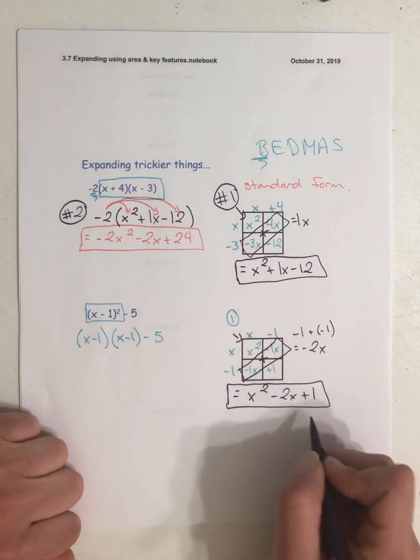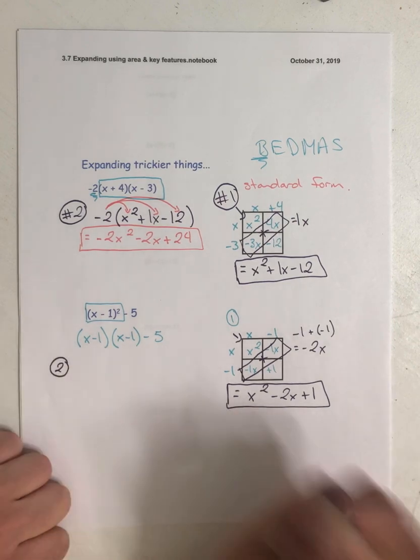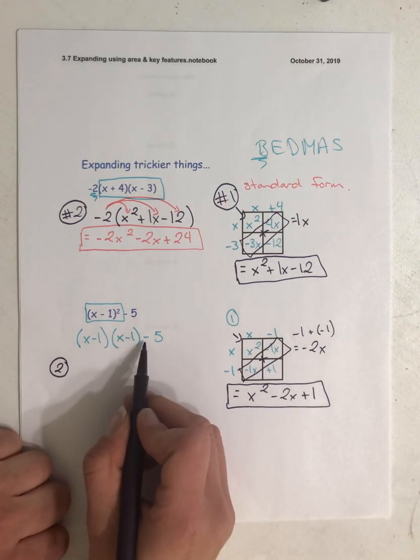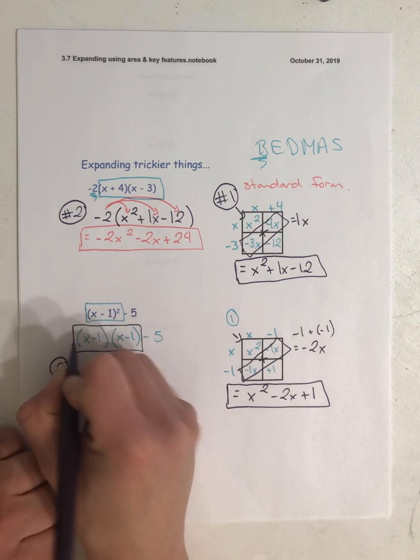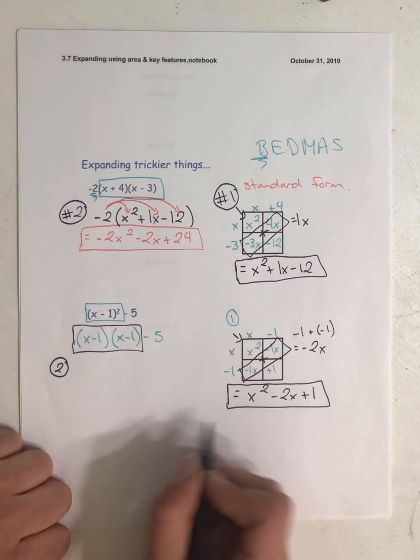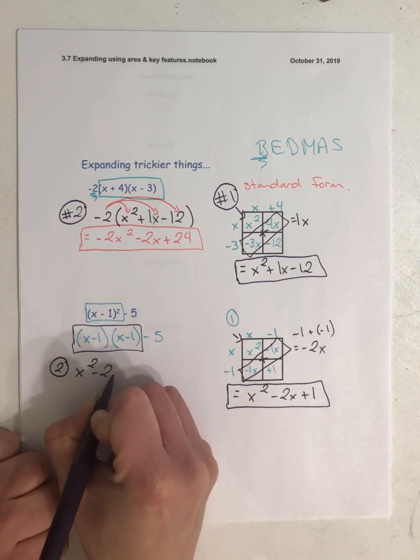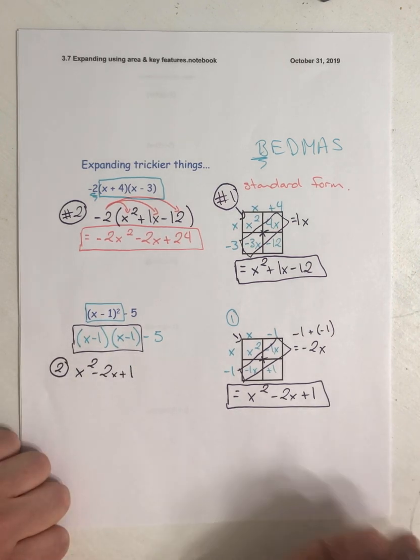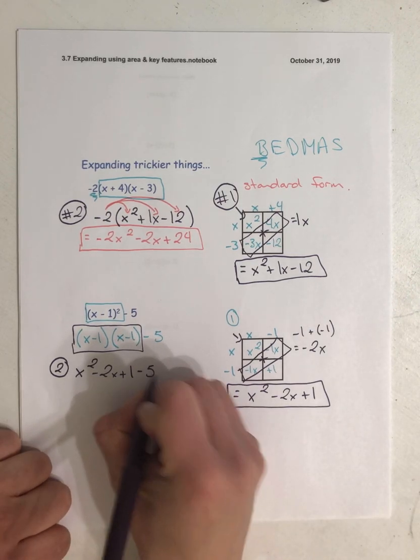Okay, so now that we found that, we go to step number 2. And we haven't done anything with this 5 yet. We just figured out what that is in standard form. So we can write that in standard form. But we also have to include this minus 5 down here now.